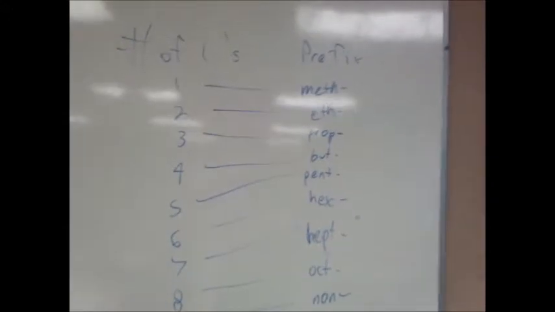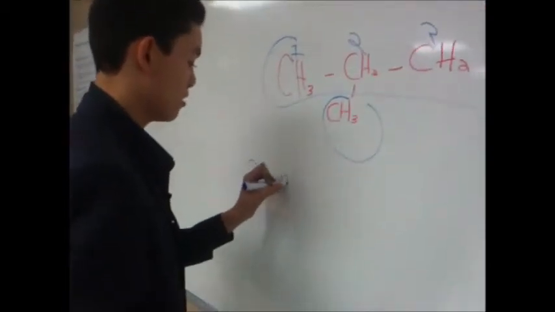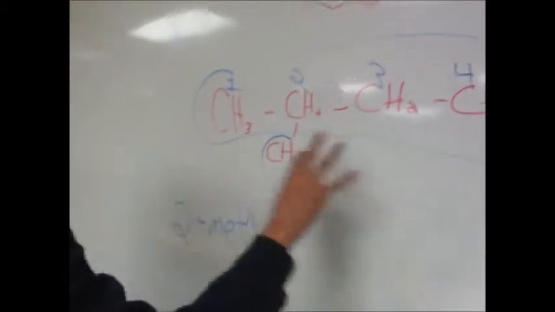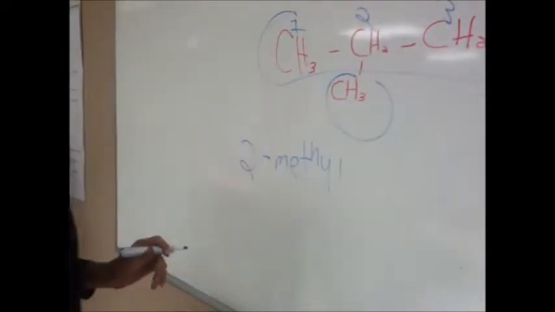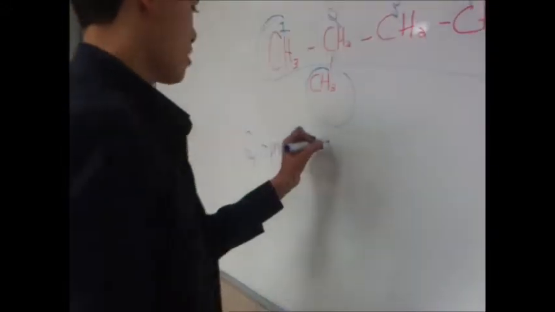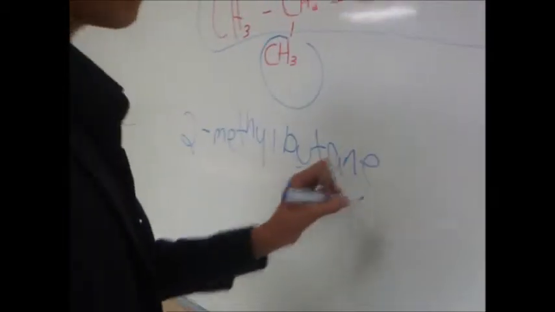So this compound will be named 2-methyl, because it is on carbon number 2, and because there are 4 carbon atoms in the long chain, it will be called butane. But is a prefix, and ane because it's only single bonds. So it is 2-methylbutane, and that's the name of this compound.